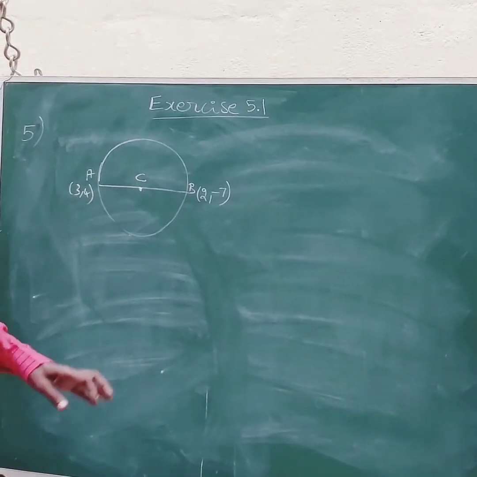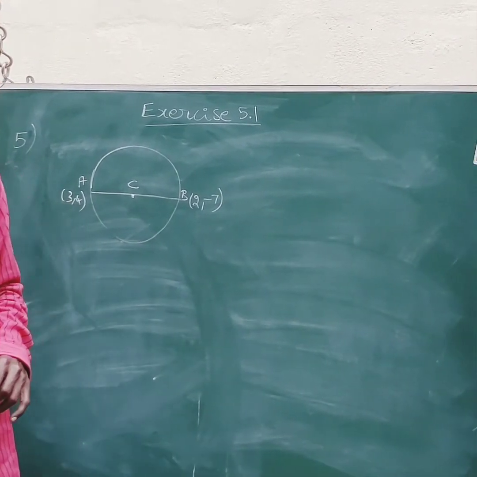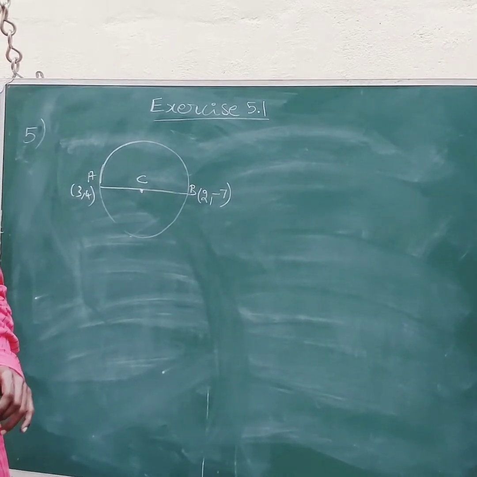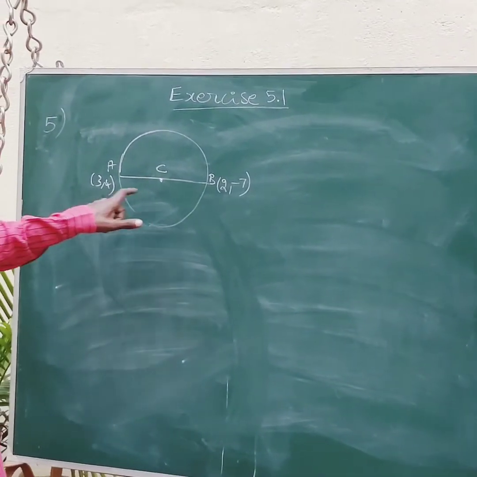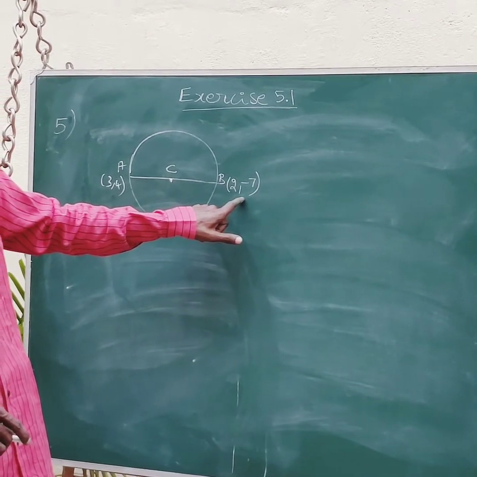Dear students, now we can solve question number 5. Question number 5 is: obtain the equation of the circle for which (3, 4) and (2, minus 7) are the end points of the diameter.